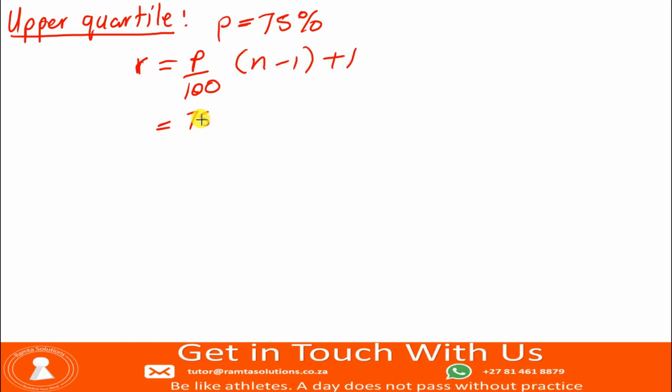So this is 75 over 100 times 9 minus 1, plus 1. This is 0.75 times 8, plus 1. Our answer is 7. So our upper quartile is located at the 7th value.